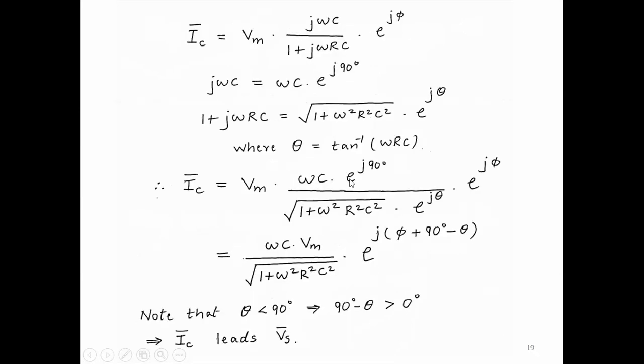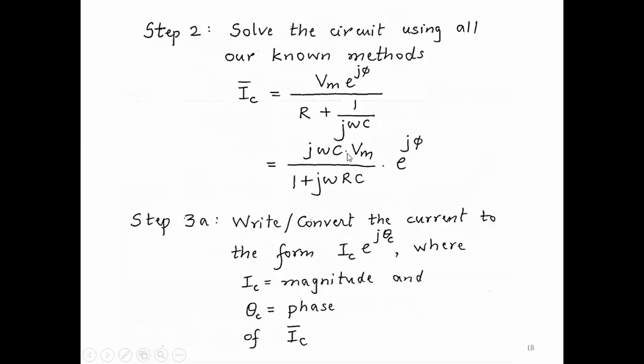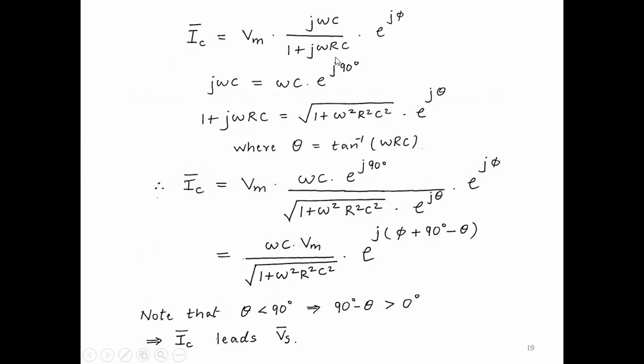Let us do it. So this is the form, IS equals Vm j omega c by 1 plus j omega rc, e raised to j phi. There are many ways of converting this fraction to a magnitude and a phase, and we'll encounter a lot of fractions.